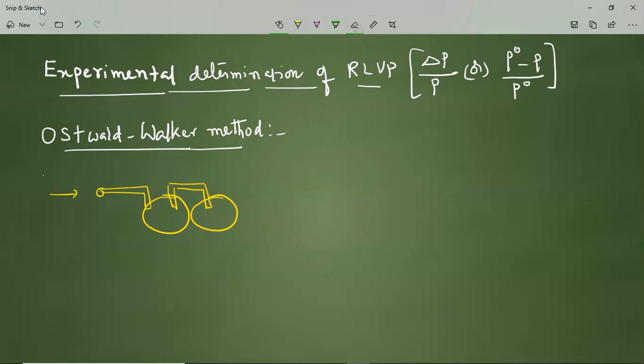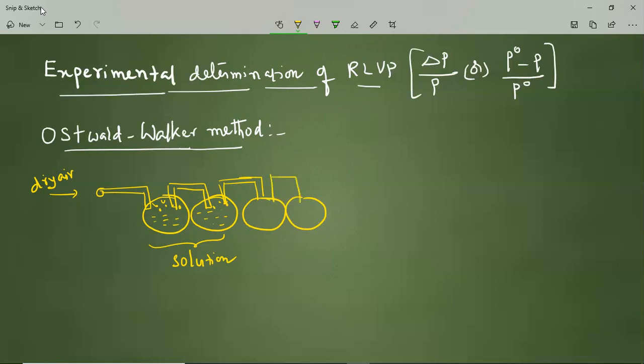In these two bulbs we have the solution, and these bulbs are in turn connected to solvent bulbs. The other two bulbs have the solvent, water.